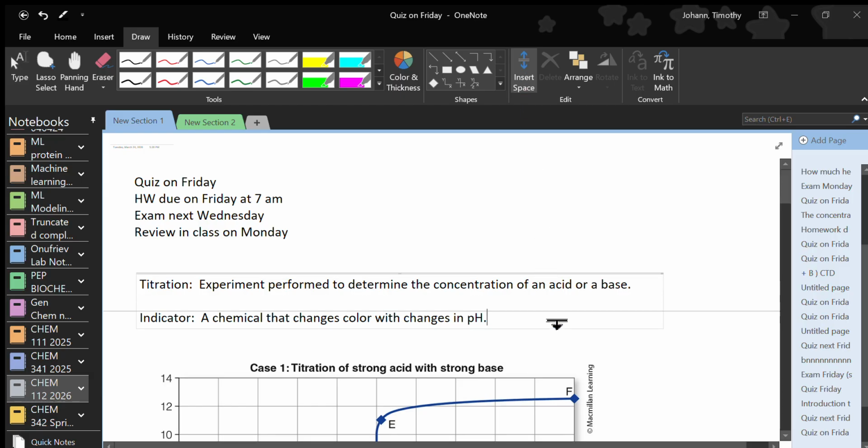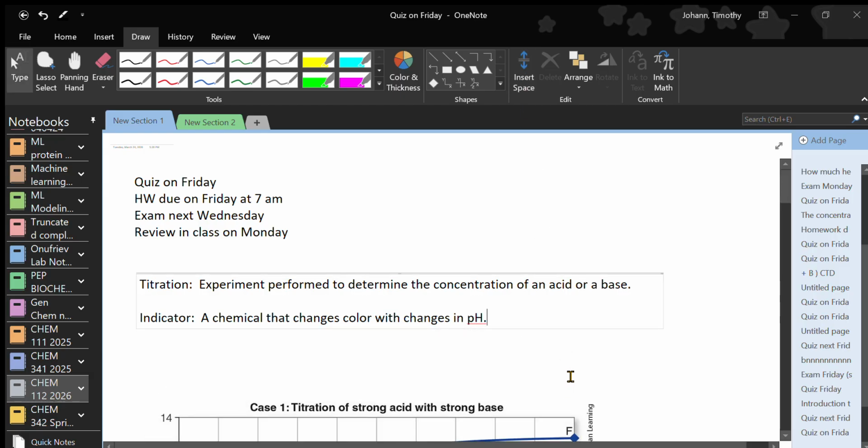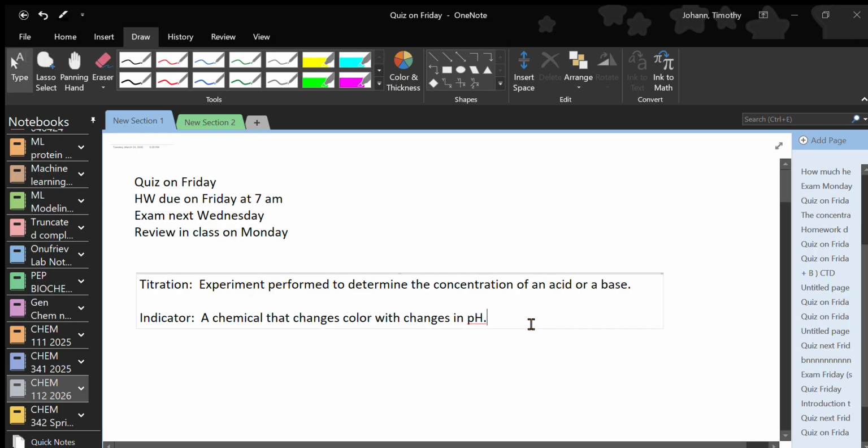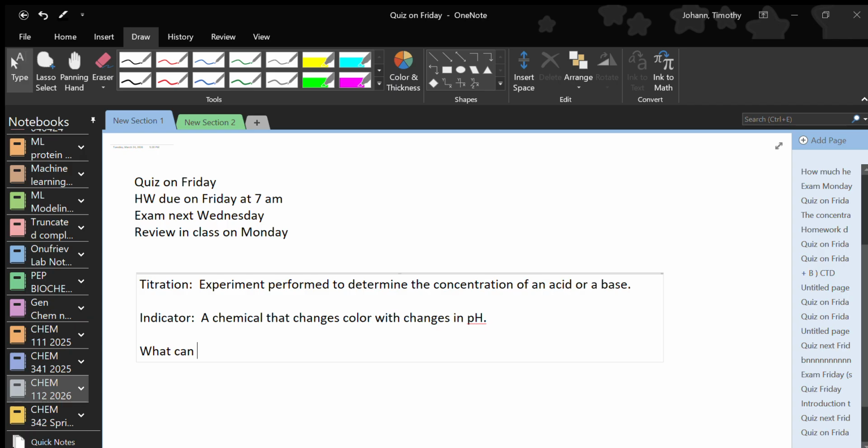All right, and when we do these titrations, we're going to be concerned with two different things that I want you to know. So what can we get out of a titration? The two things we're going to look at today: we can find the concentration of the acid or base, whichever one we're trying to figure out.